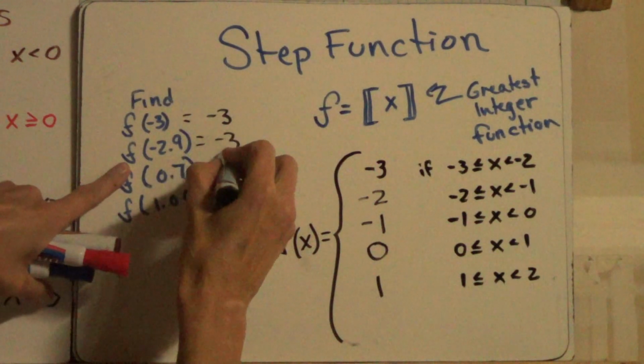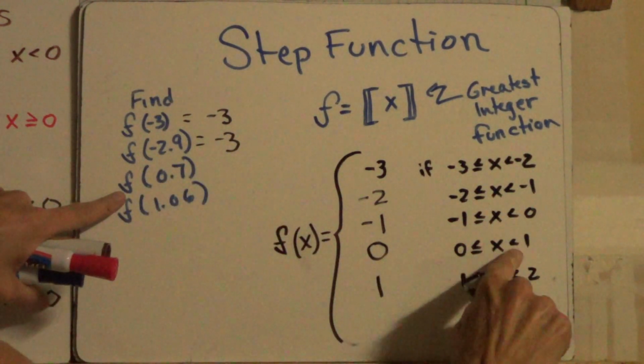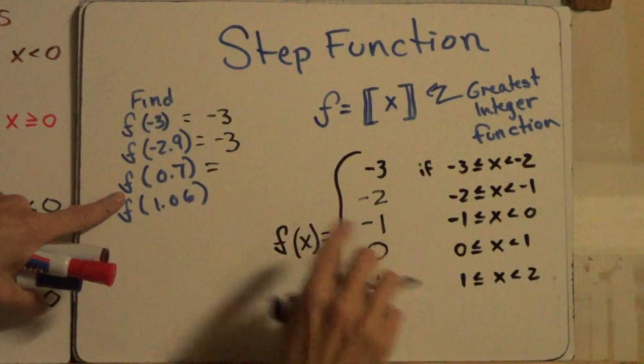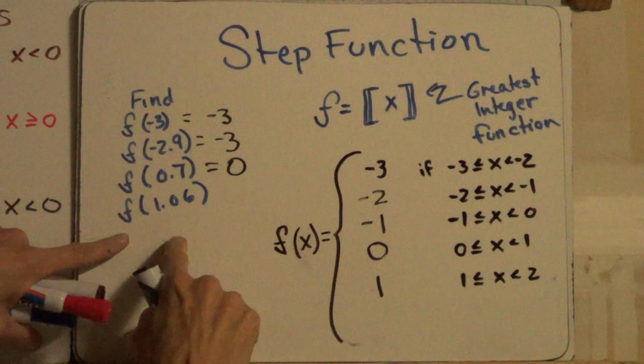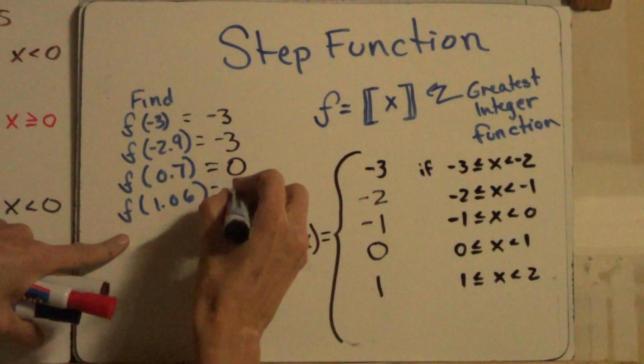Now 0.7 is between 0 and 1, so that one would equal 0. And 1.06 is between these two, so it would equal 1.